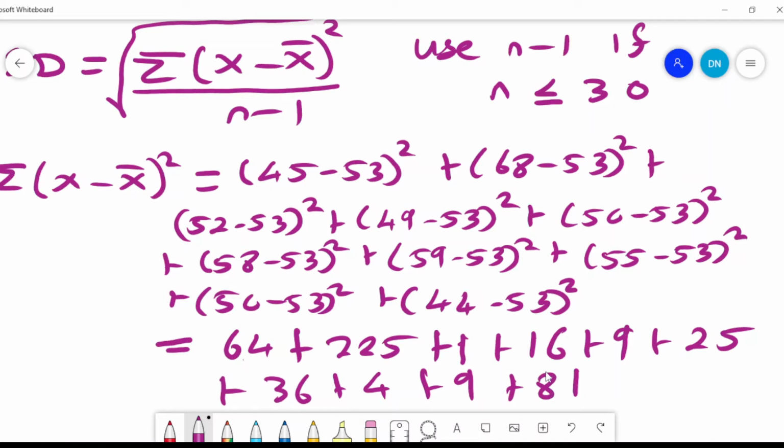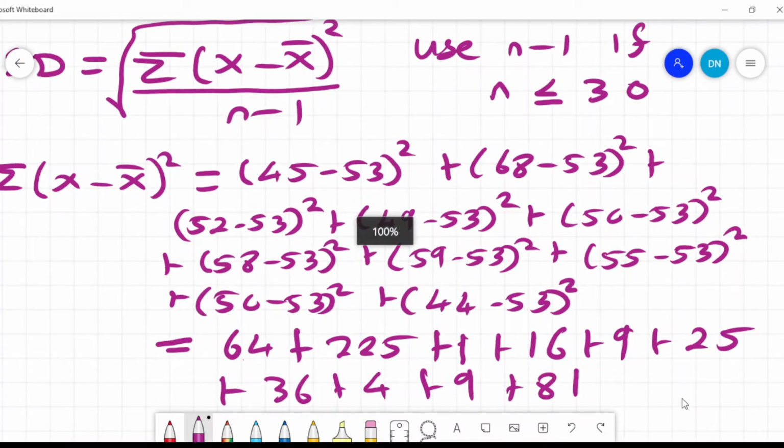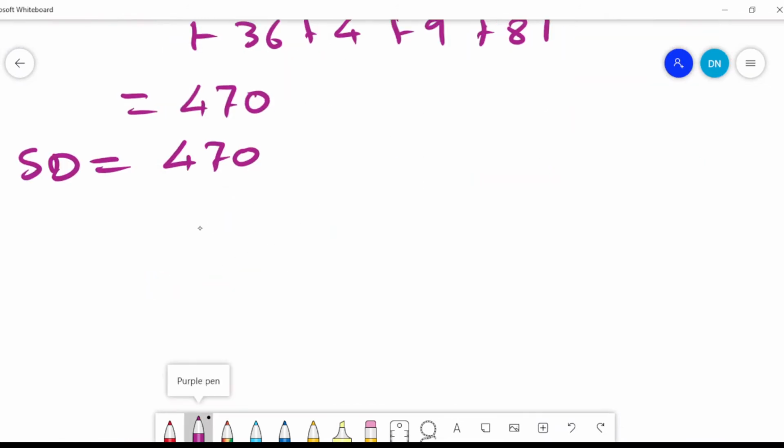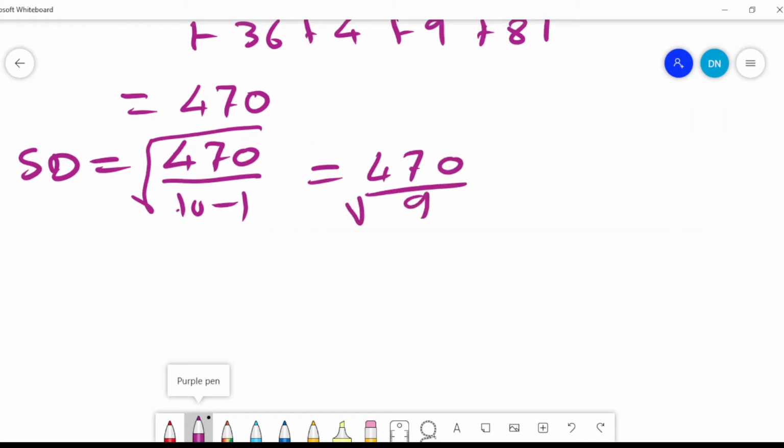If we do all that summation together, this will be equal to 470. The standard deviation is given by 470 divided by 10 minus 1, and then we get the square root, which is 470 divided by 9, the square root of that, and the standard deviation is 7.2265.